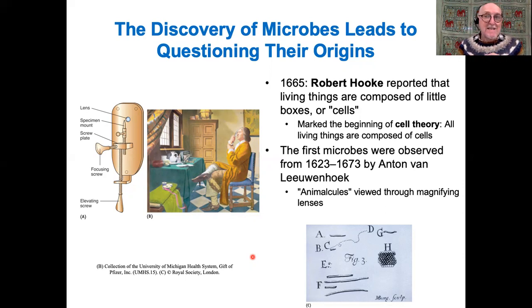Now, a lot of this early information came from the fact that wealthy gentlemen, particularly in the 16th, 17th century, began to take up natural history as a sort of hobby. When you were wealthy, you collected things.